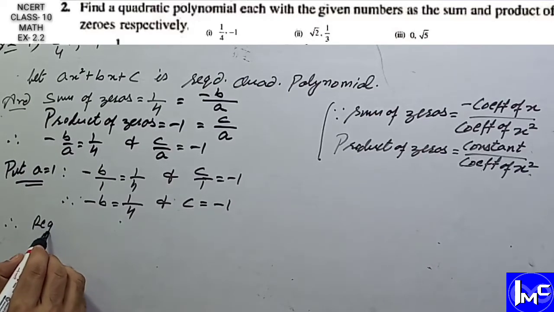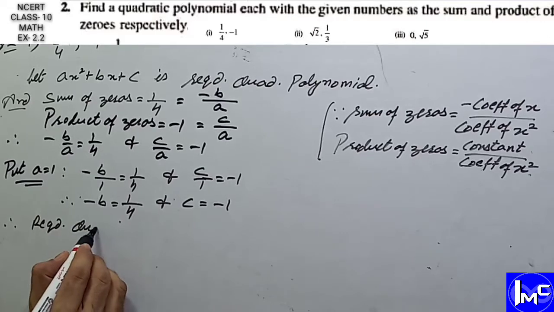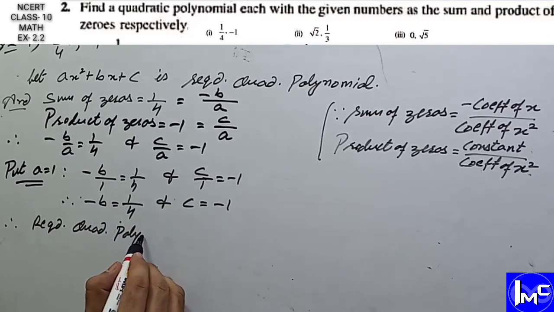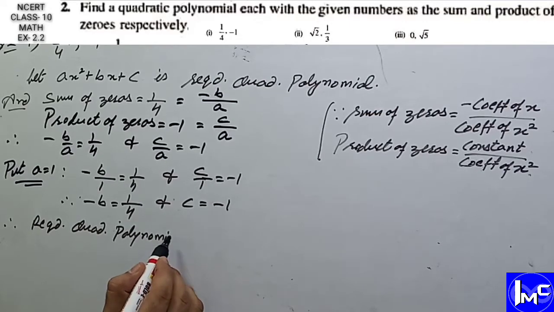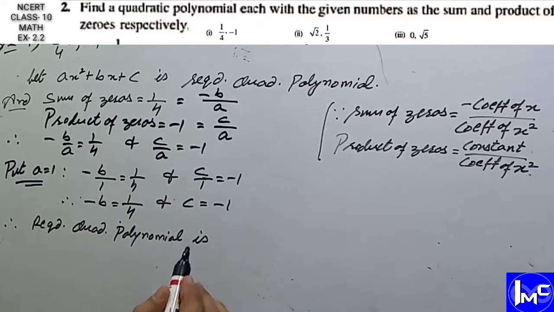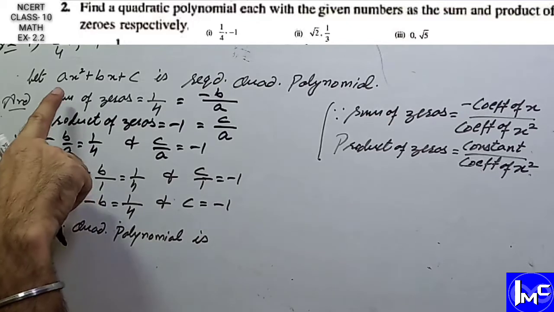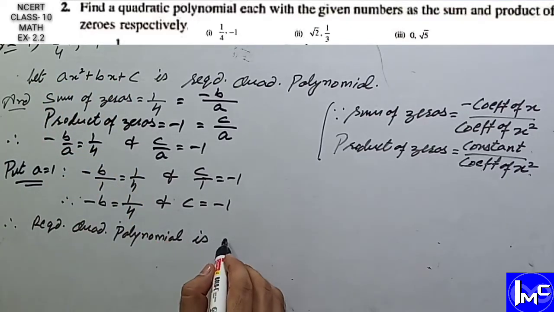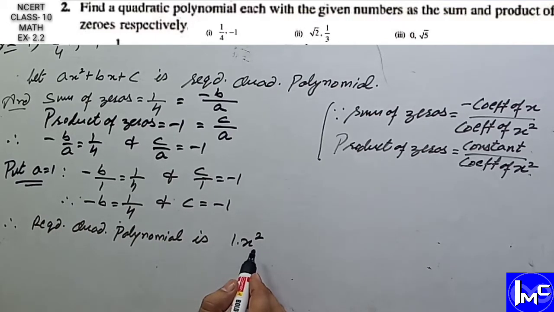the required quadratic polynomial is ax square plus bx plus c, and we will substitute the values. We will get ax square plus bx.